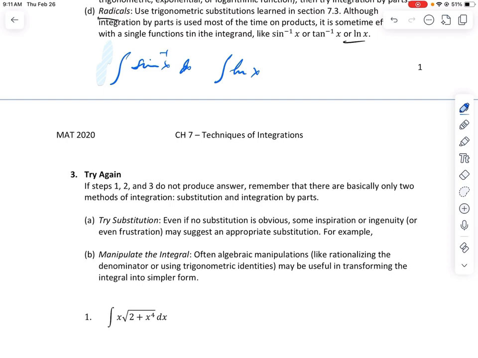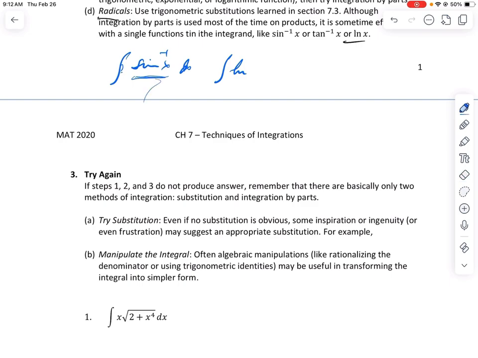Then these can only be solved by integration by parts. And how? In this case, you take the given function as your u, and 1 dx as your dv. You have seen these before. Let us see if I can do one of them later.